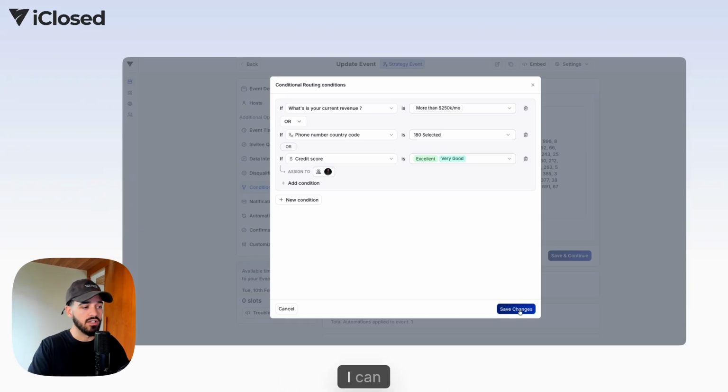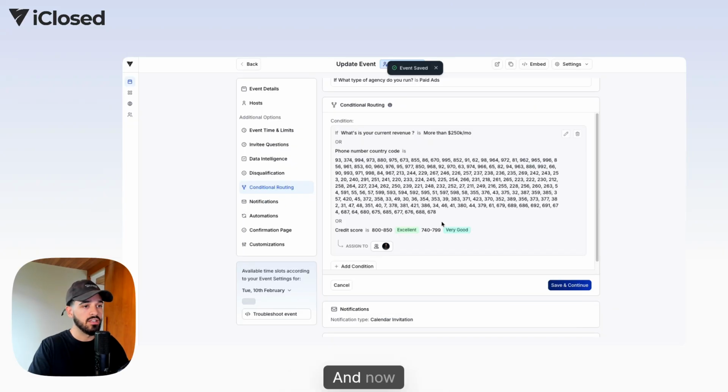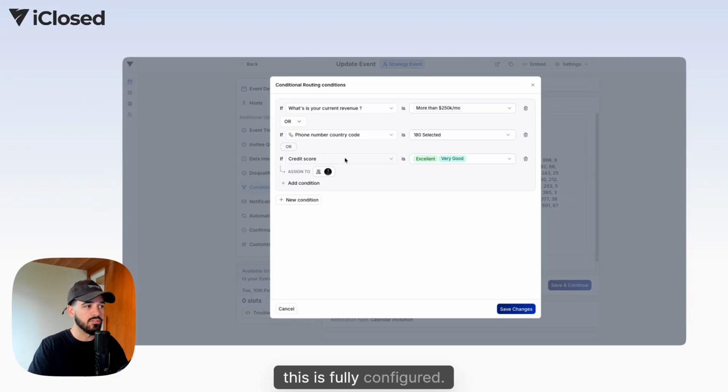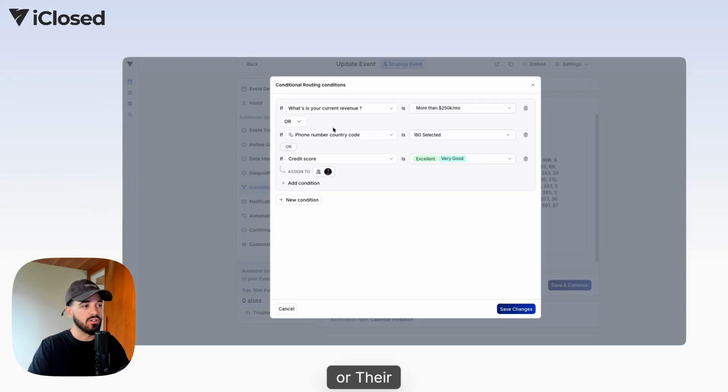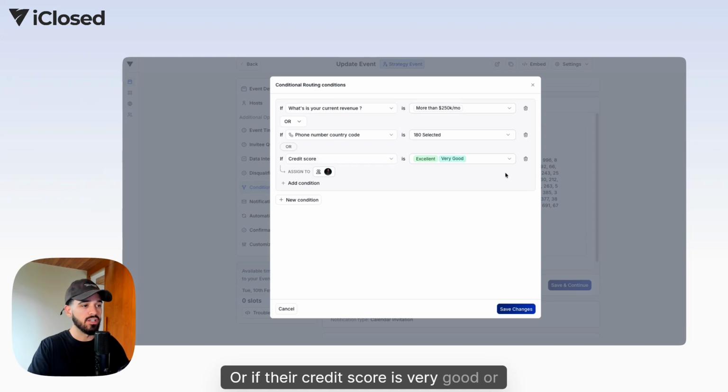Boom, just like that, I can save changes. And now this is fully configured. So if their current monthly revenue is over 250K a month, or their phone number country code is a +1, or if their credit score is very good or excellent, I will route them to the best closer.